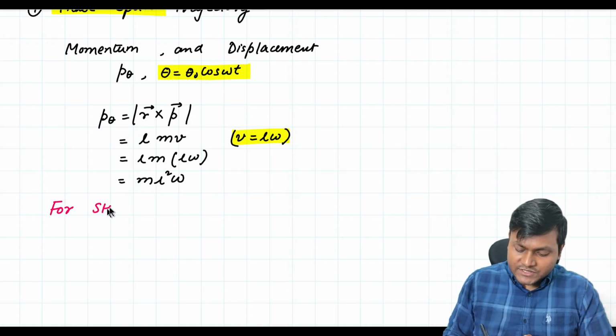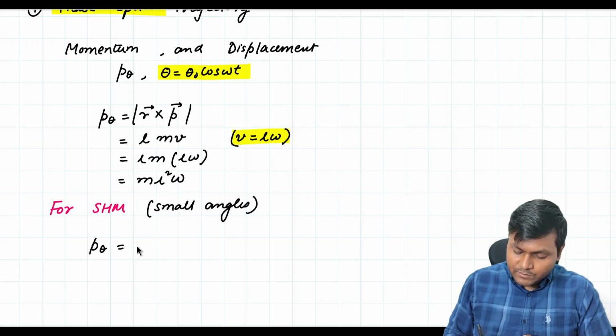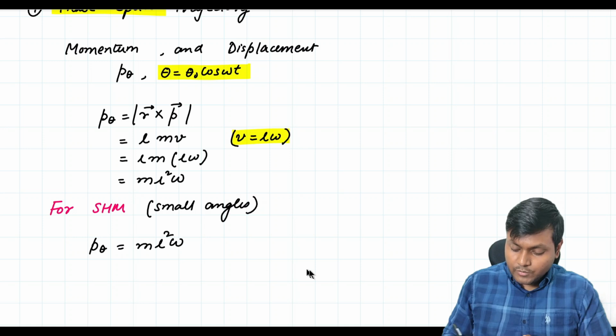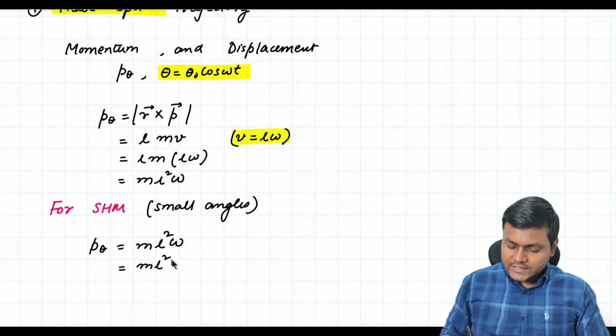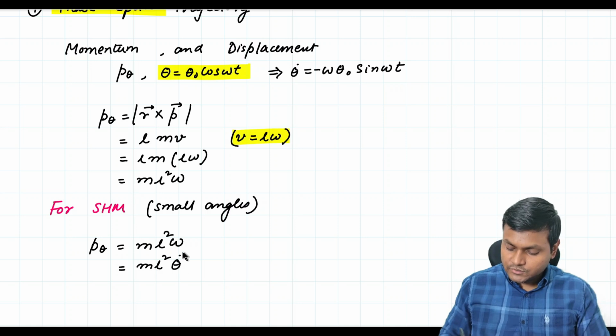When I say for SHM, I simply mean that for small angle approximations, what is the relationship that exists between angular momentum magnitude and theta? p theta is simply equal to m L square omega. What is omega here? Omega is nothing but the angular velocity, that is theta dot. And what is theta dot? Theta dot is equal to minus omega theta naught sine omega t, right? So p theta is m L square into minus omega theta naught sine omega t.